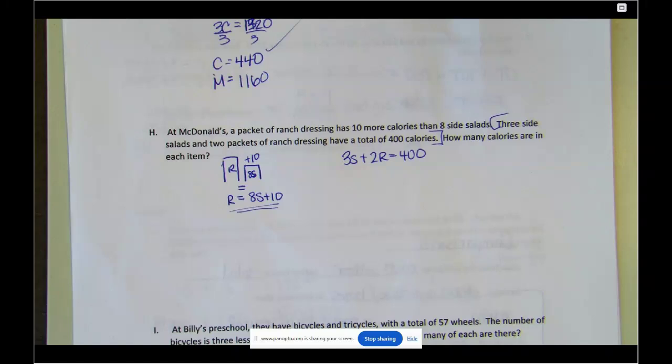Wait, oh, so you are distributing to the... how do you switch that? You don't put... Because you're trying to find... Okay, I get it.